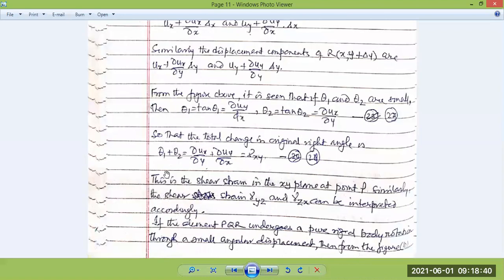So the total change in the original angle, theta 1 plus theta 2, is equal to del uy by del x plus del ux by del y, which is gamma 1.